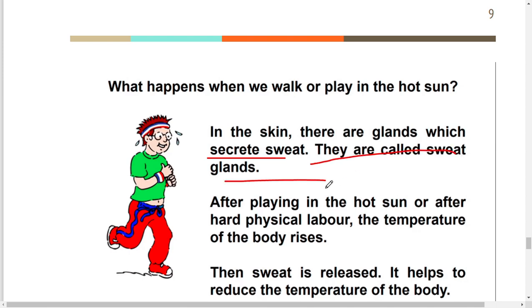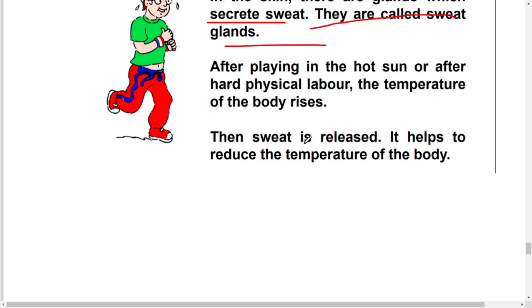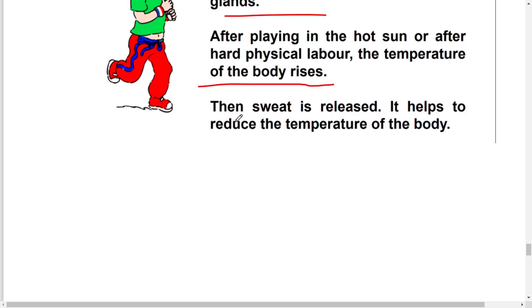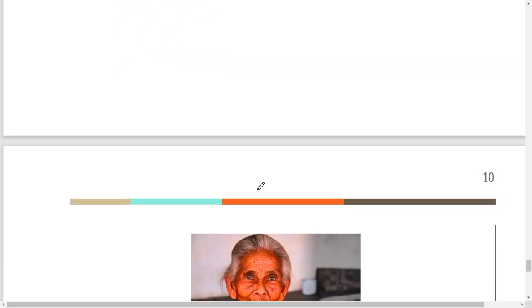After playing in the hot sun or after any hard physical effort, the temperature of the body rises, and then the body releases sweat because it needs to regulate the body temperature. So to bring it back to normal, the skin releases sweat, and that reduces the temperature of the body.